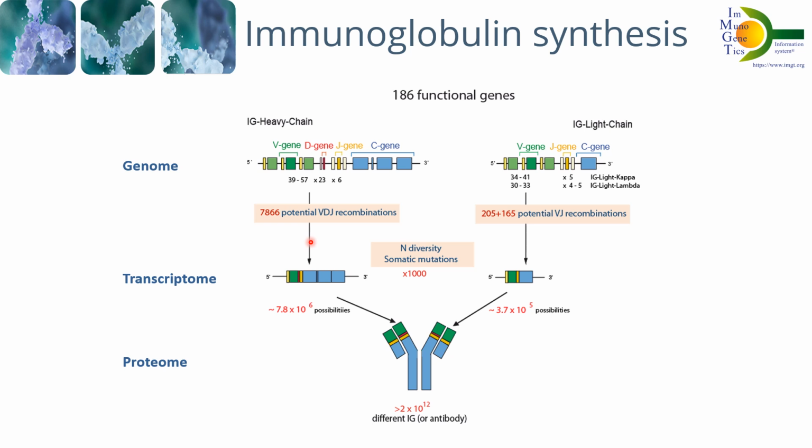This mechanism is at the origin of the combinatorial diversity, and this is the first of the 3 mechanisms. Additionally, 2 other unique mechanisms contribute to this diversity, and they are named N-diversity and somatic mutations. We'll explore these 2 mechanisms in more detail in the next slide.